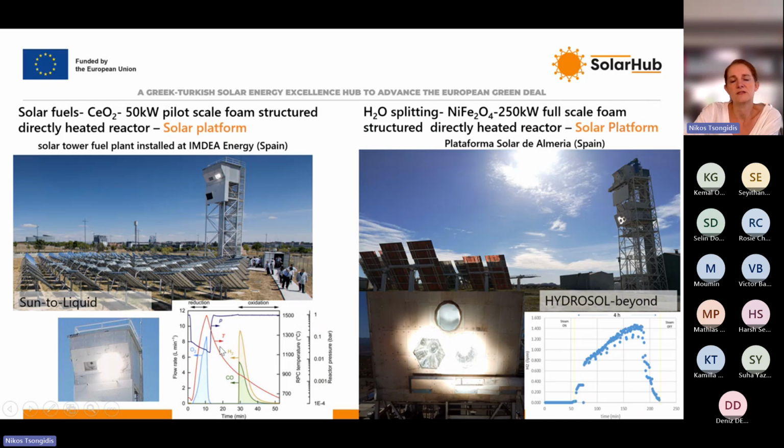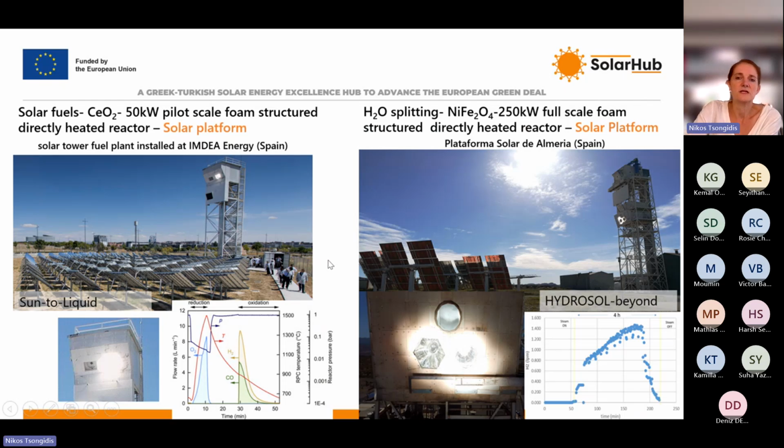The case on your left is the sun-to-liquid demonstration campaigns on the solar platform at Indea in Spain, where the solar reactor consisted of cerium oxide foams. And you can see here an example of hydrogen and carbon monoxide produced during this demonstration campaign.